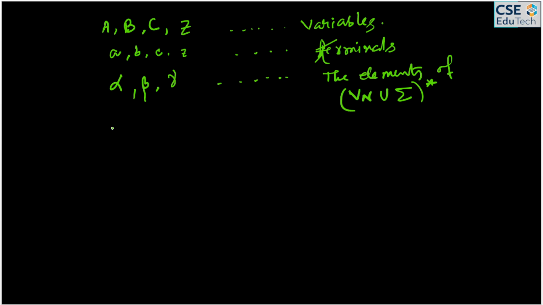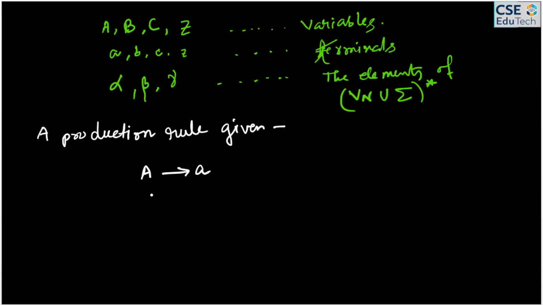Now, for example, suppose a production rule is given in this form: A to small a, B to BA, or B to C. How do we read this? A to small a: on the right hand side it is a terminal, and the left hand side is a variable, so the form is alpha to beta.